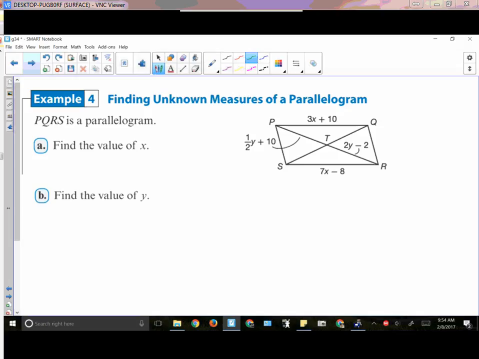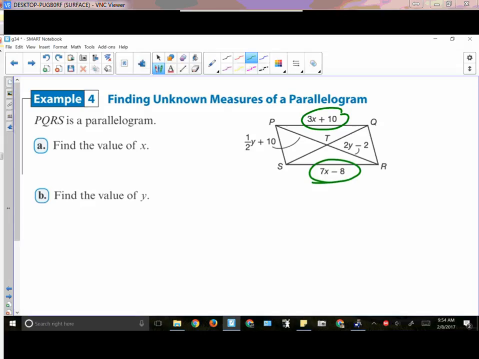So, what about this? What do I know? If I am supposed to find the value of x, well, I see x in two places. What do I know about those two things that are with x? It's a parallelogram, right? What do I know then about this and this?